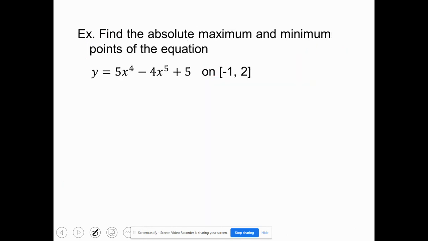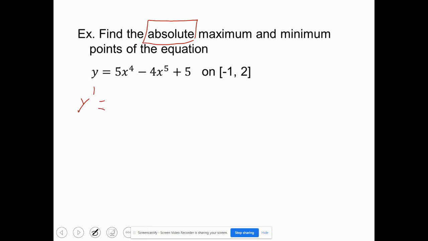Let's go to our second problem. Again, notice we did this one yesterday. Only yesterday we were just looking for the local points. Now I want the absolute points. I need to know my derivative.